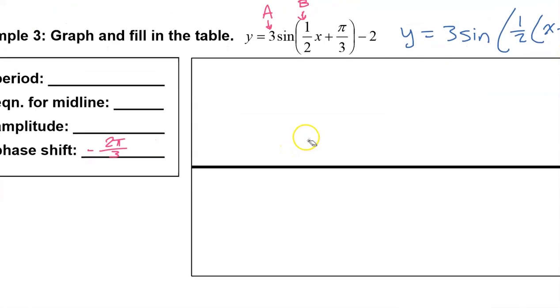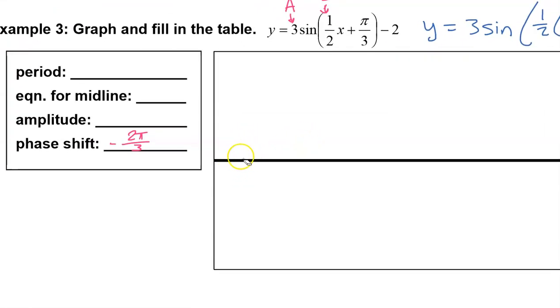Okay, the phase shift tells you the first mark that will go on your number line. So I'm going to put my first mark down right here, and I'm going to call it negative 2 pi over 3. You will always start your graph at the phase shift.